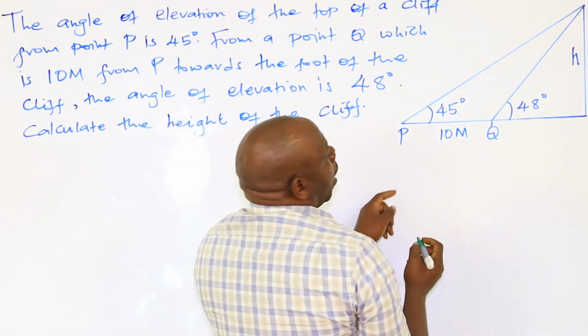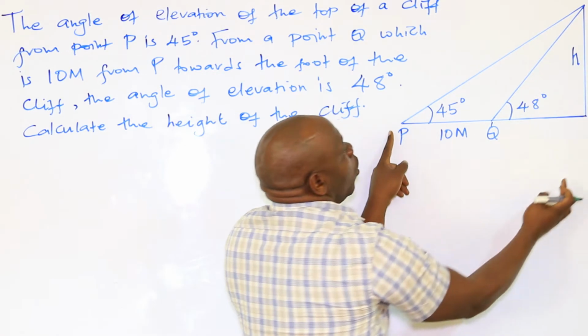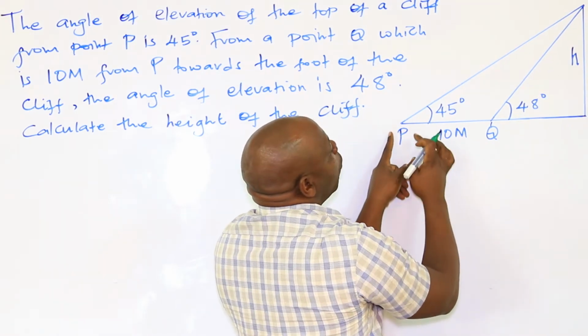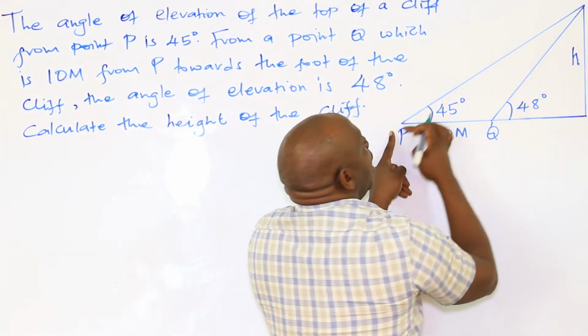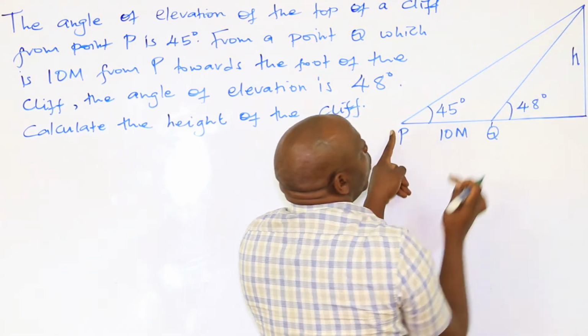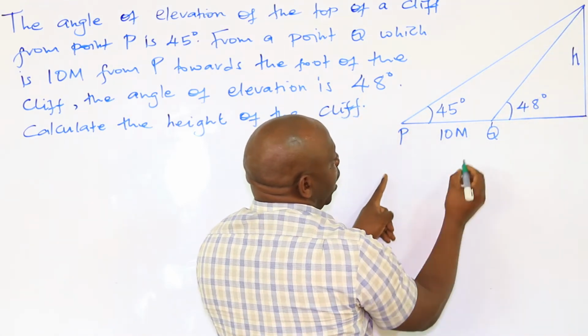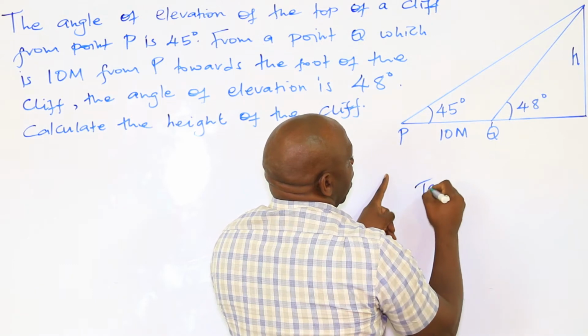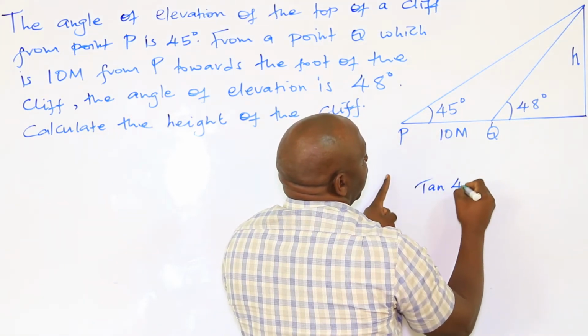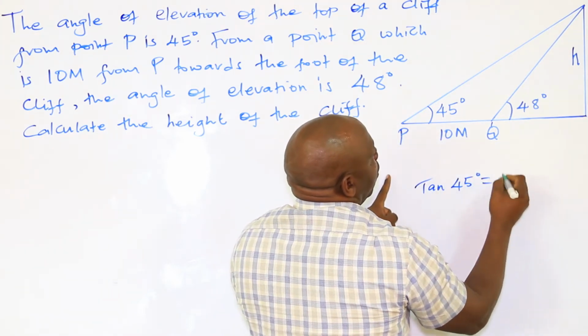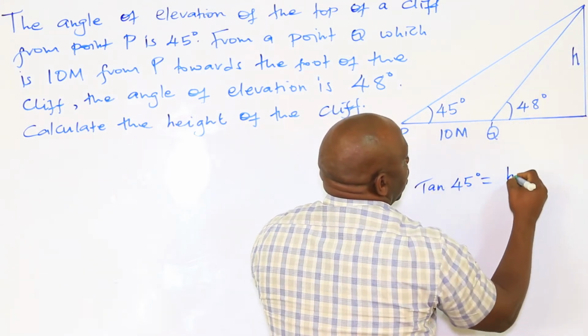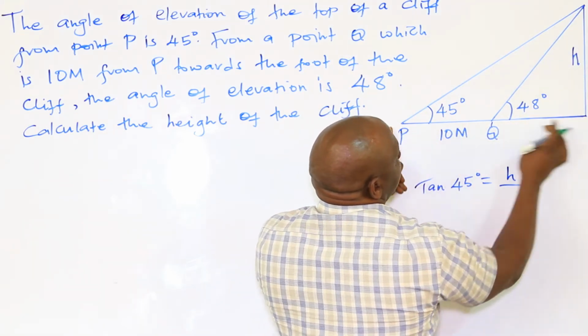So, to get this height here, we approach it from two triangles, the bigger triangle here and the smaller triangle here. So, from the bigger triangle, we say tan of 45 degrees is equals to opposite over the adjacent.